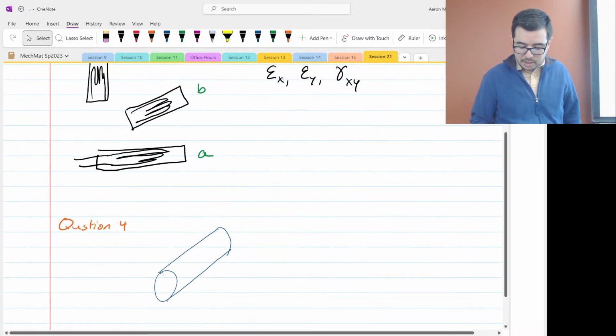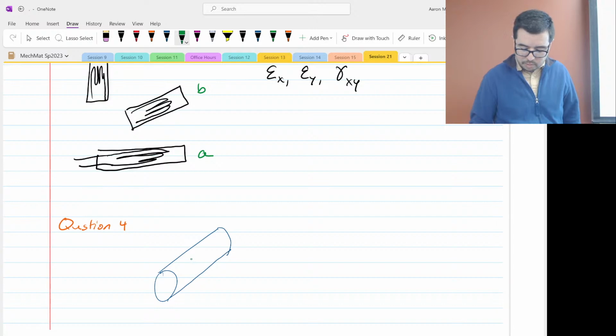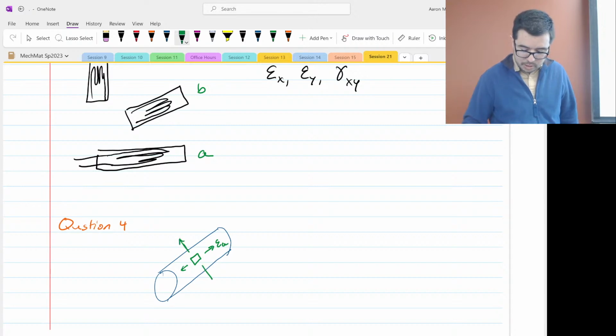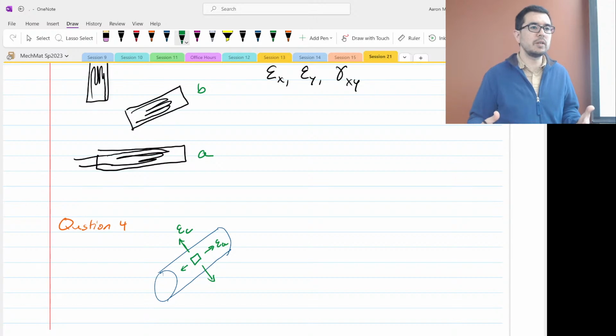If we have an element here, it doesn't really matter where it is, but this is going to be the longitudinal direction. And so this is kind of like a sigma A. But I should probably be more careful. We're doing strain, so we'll say there's an epsilon A in that direction, and an epsilon C in the hoop direction, the circumferential direction.